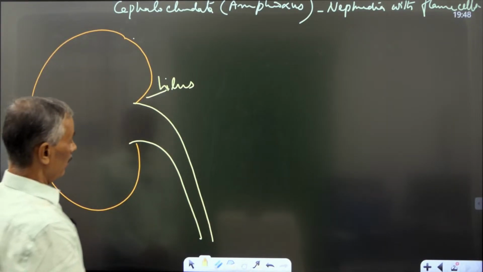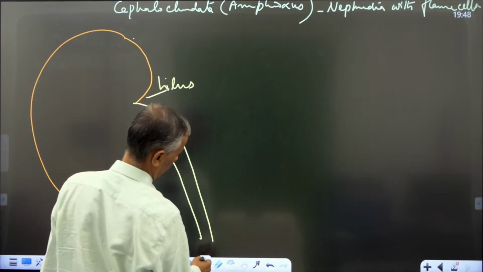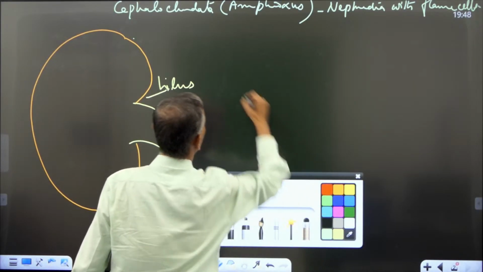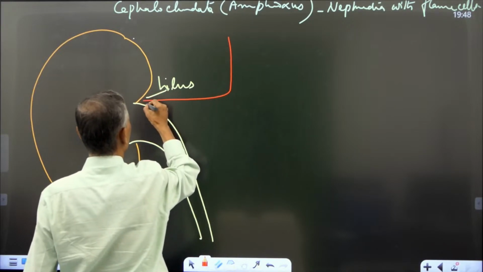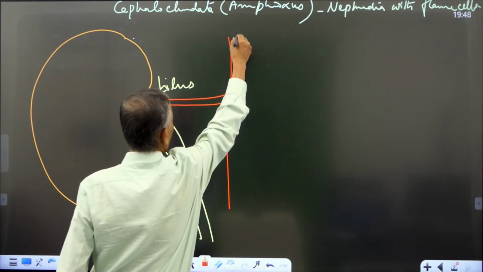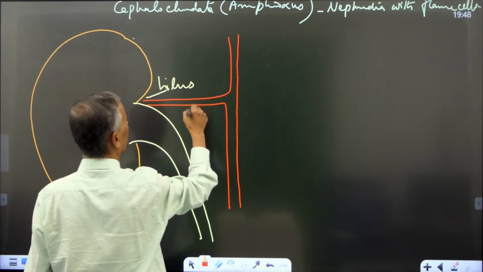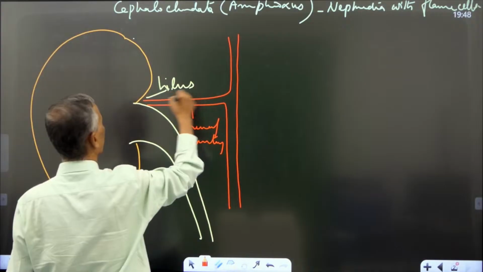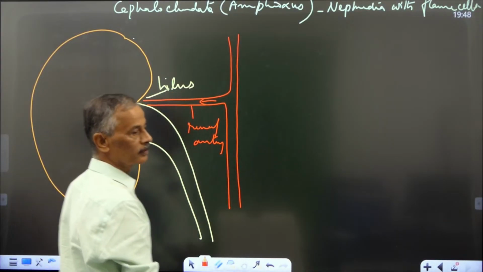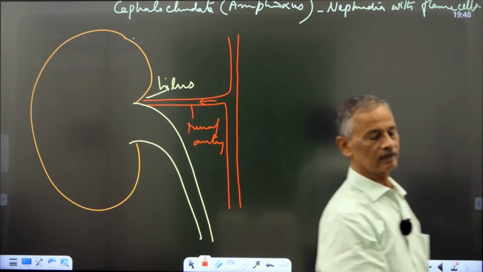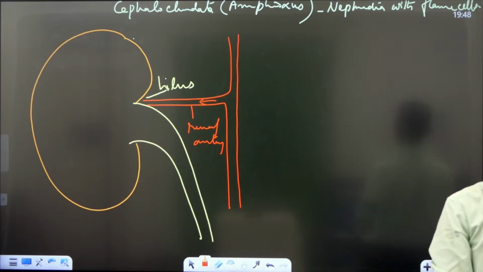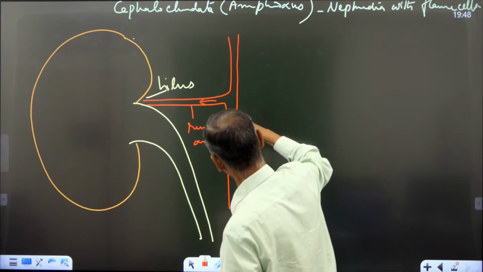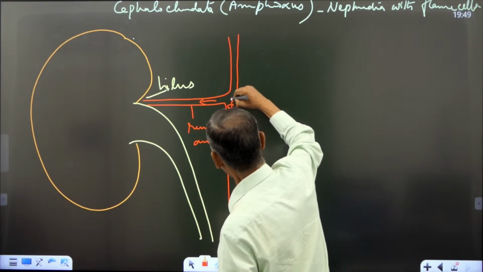And blood vessel is entering into the kidney, bringing the waste materials. That blood vessel is called renal artery that supplies blood to the kidneys. Renal artery arises from the dorsal aorta, which is the main blood vessel.